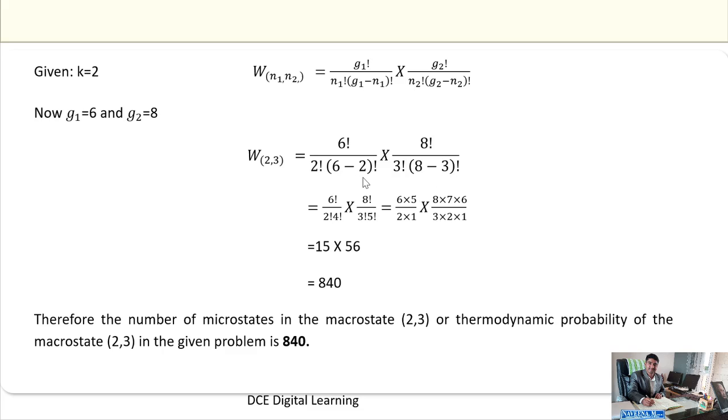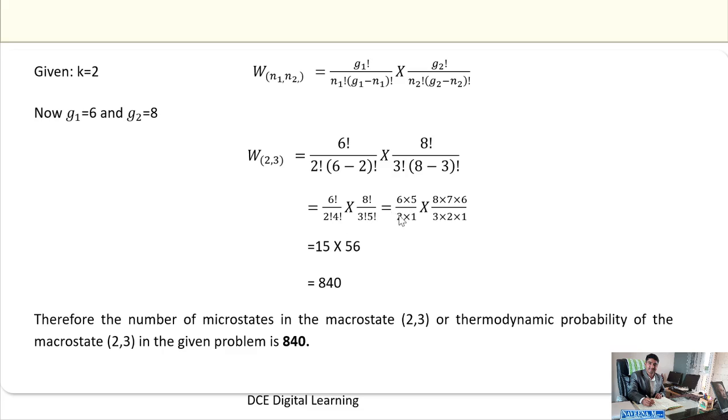Let's simplify this. Then we will get 6 factorial divided by 2 factorial into 4 factorial, this 6 minus 2 gives you 4 factorial, into 8 factorial divided by 3 factorial into 5 factorial. Therefore, we will simplify this as 6 into 5 into 4 factorial. That 4 factorial cancels with the denominator 4 factorial.